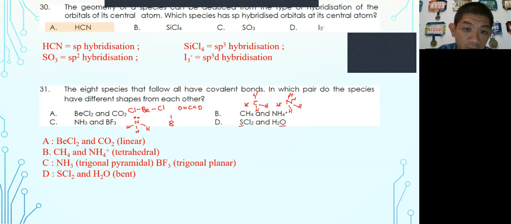And this is how BF3 looks like. And then this is how SCl2 looks like. And this is how H2O looks like. So in here, I hope that you can see clearly why they have a different shape. So we are looking for different shapes, so the answer is C.